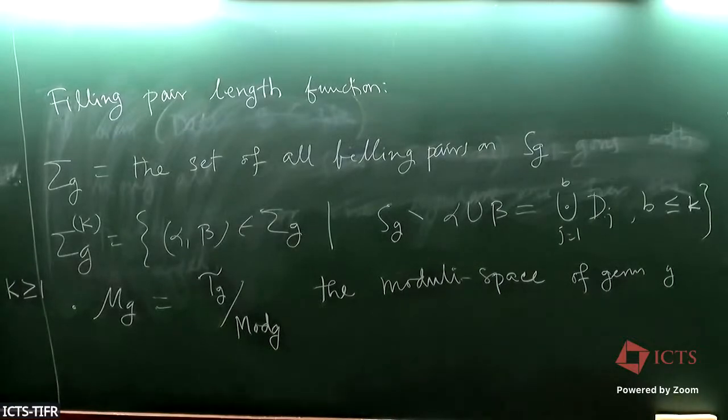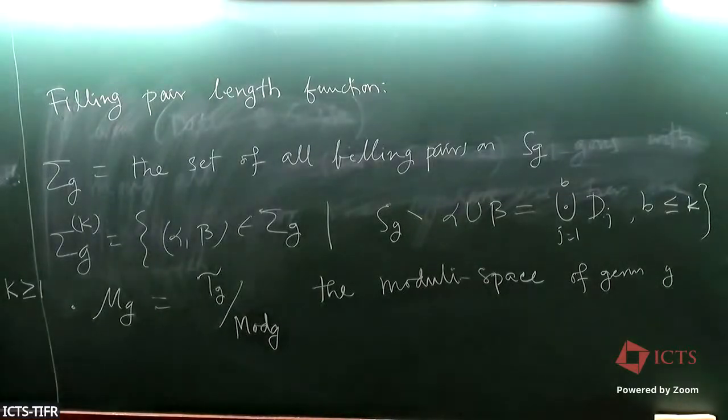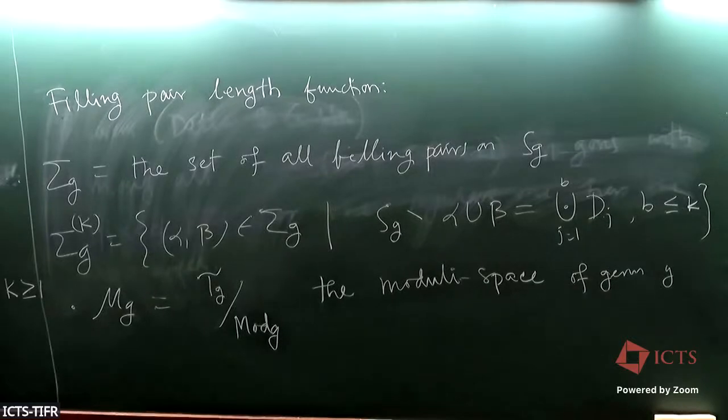No, that is not minimally intersecting. On the torus it is trivial, so just consider meridian. On genus 2, there is no minimally intersecting filling pair. So for genus g greater than or equal to 3, you have. Right now I think I can draw some example. I can give you some example.